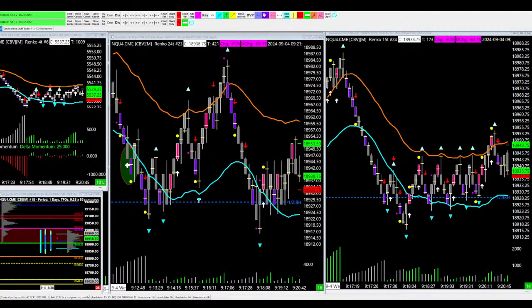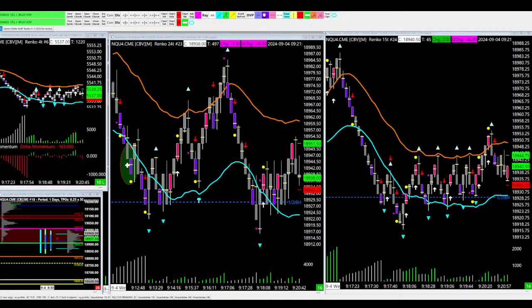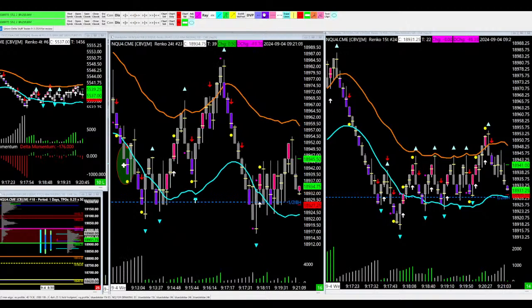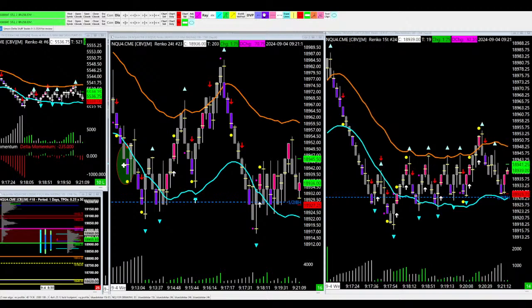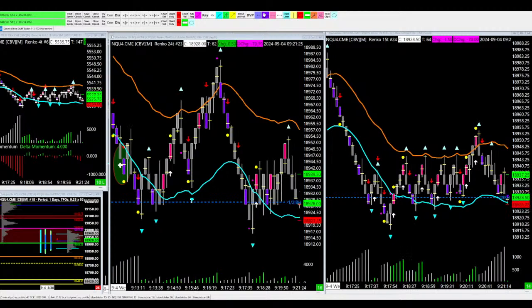I see everybody kind of looking at each other going, well, what do you think? And they're like, I don't know, what do you think? Yes, and NQ now negative on the day. Above IB high, inside single prints, below yesterday's value area low, above yesterday's low, and above Globex low.